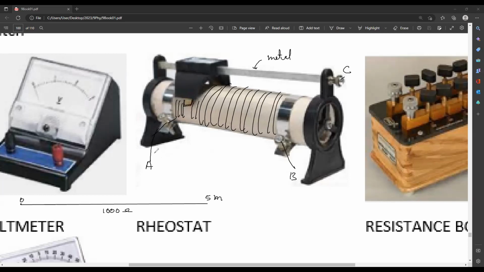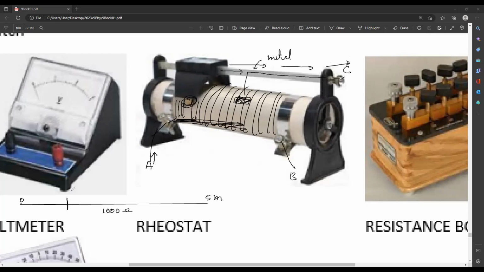Now imagine that current enters from here. The current will flow through these many turns and flow out from there. If I shift the clip to the right, the current will flow through a greater number of turns and then flow out.